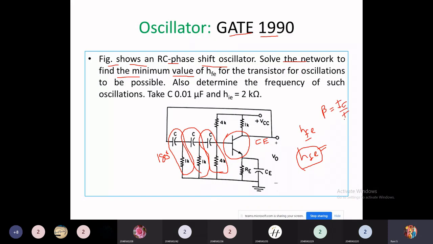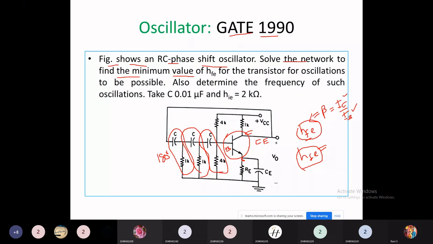Current gain means output current by input current. Here the output terminal is your collector, the input terminal is your base, and the emitter is common for input as well as output. So output current divided by input current is your beta, and that is also denoted as HFE.